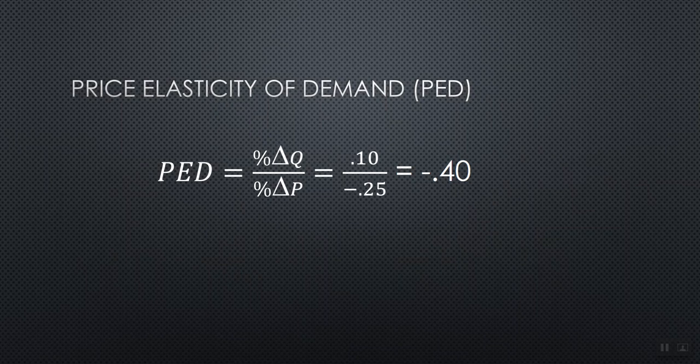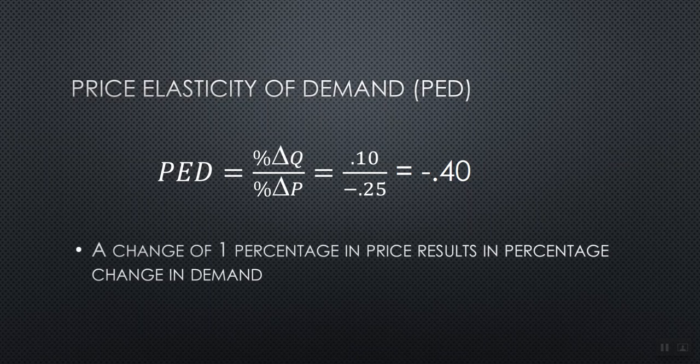Now, we normally wouldn't say negative 0.40 because we know price elasticity of demand is an inverse relationship. And so we would just disregard the negative and say price elasticity of demand is 0.40. What does this mean for us? Well, price elasticity of demand simply states the change in demand that would result for every 1% change in price.